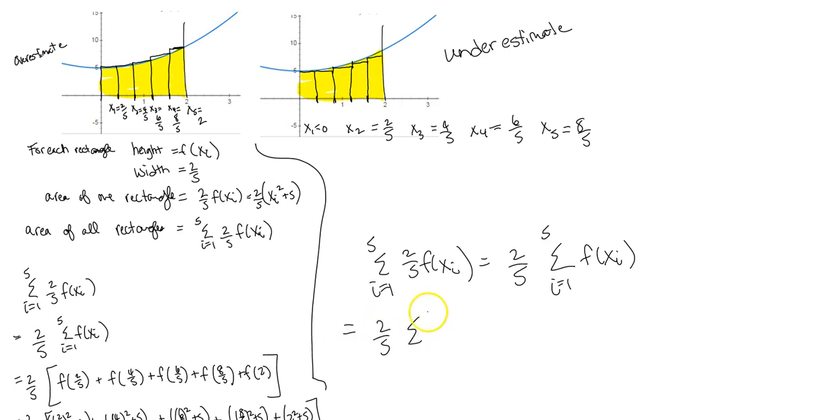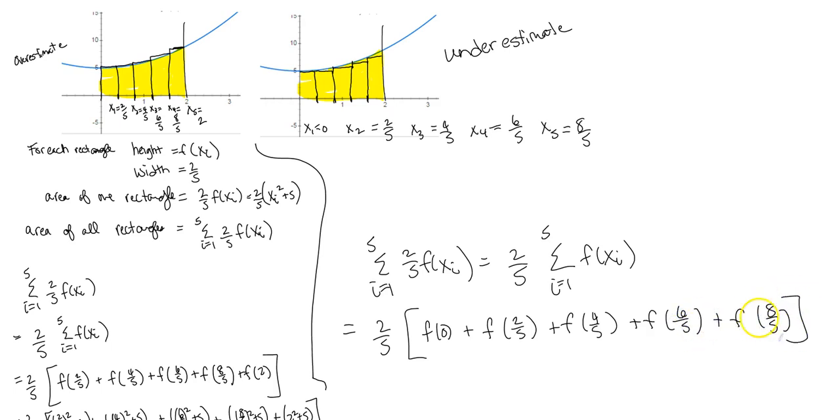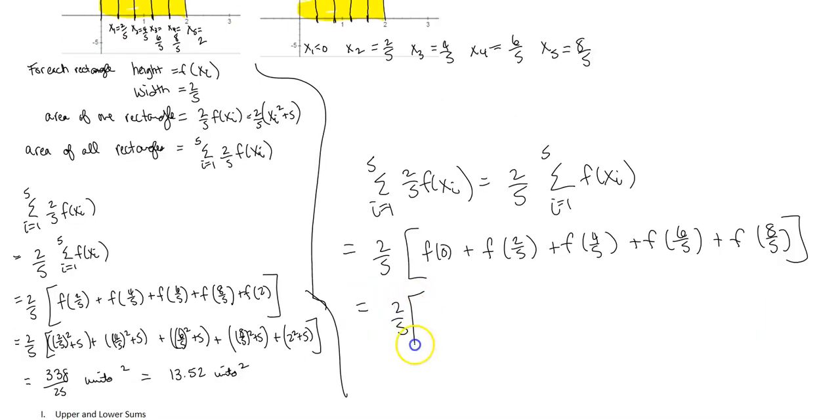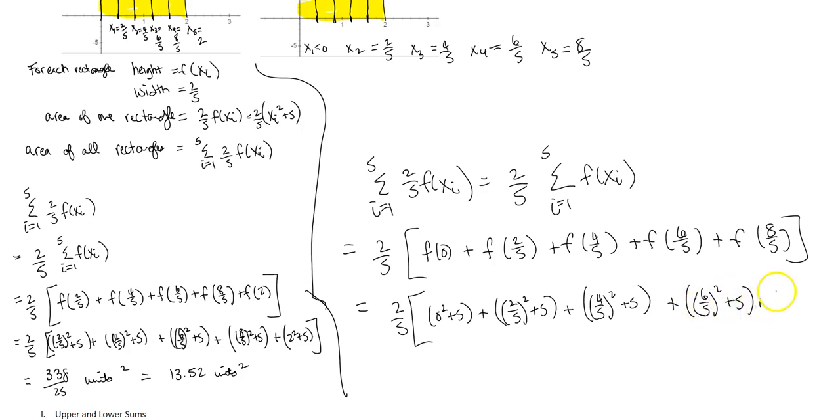So I would have, let's see, f of 0 plus f of 2/5 plus f of 4/5 plus f of 6/5 plus f of 8/5, which gives me 2/5 times 0 squared plus 5 plus 2/5 squared plus 5 plus 4/5 squared plus 5 plus 6/5 squared plus 5 plus 8/5 squared plus 5.